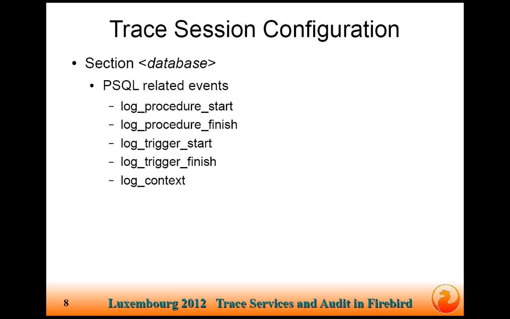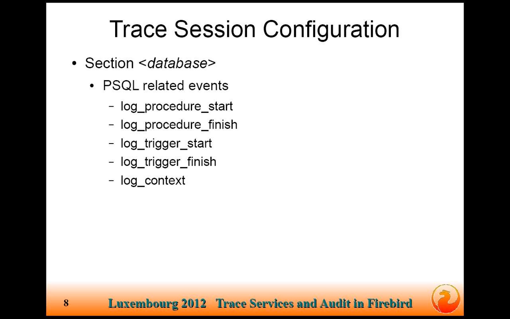A group of events is related to the procedural language. You could see every procedure start and finish, and every trigger start and finish. When you run, for example, select from procedure, you could see the statement select from procedure if you include it in the previous group of parameters, and also when the statement really opens this procedure for execution, you could see the corresponding events about this particular procedure start.